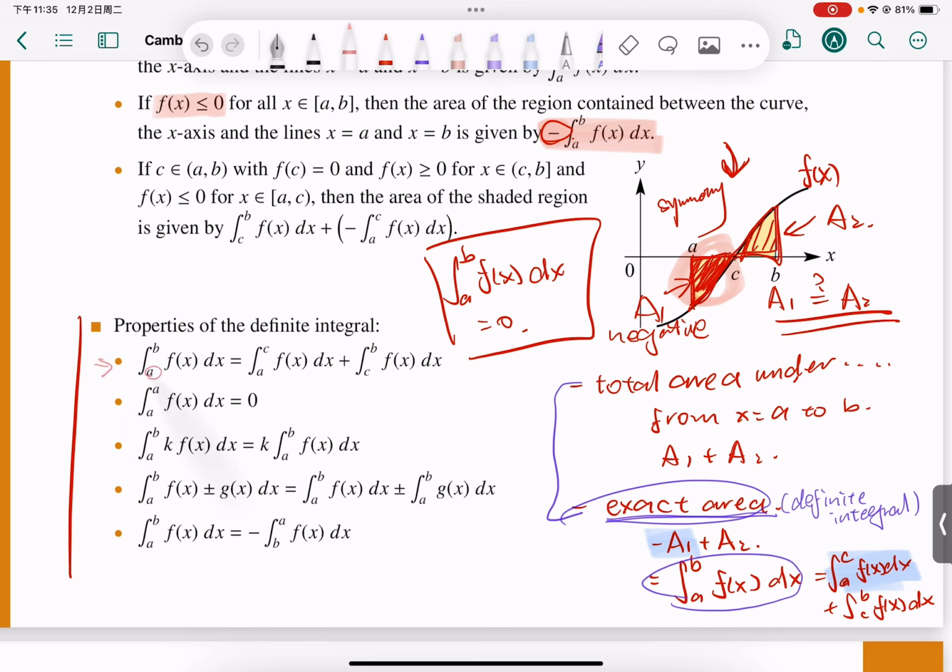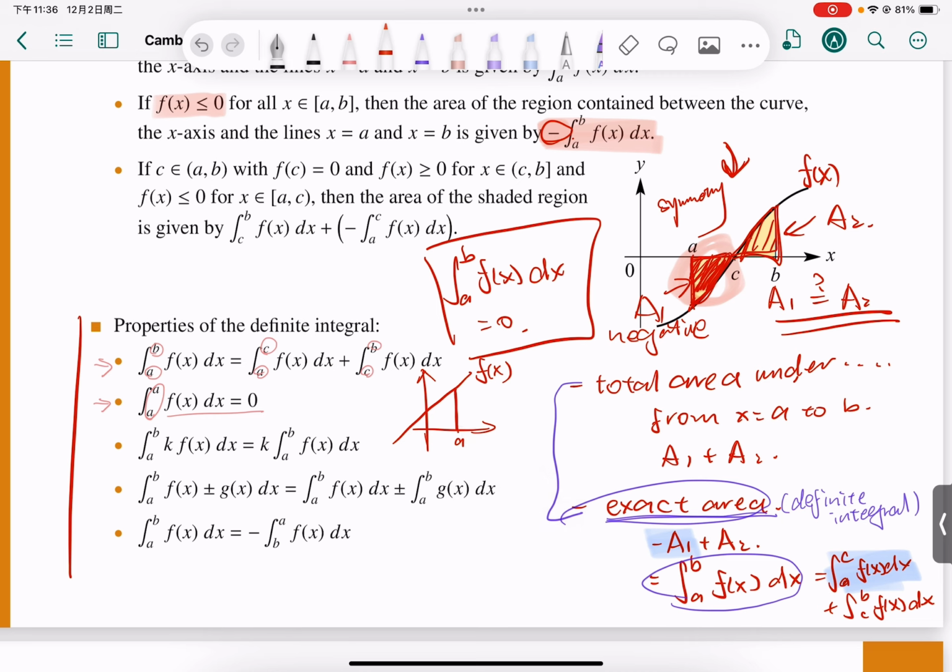If we have from A to B, then it's equal to from A to C and then from C to B. For this one, if the upper and lower bounds are equal, then the integral is equal to 0. If you think deeply about this, it can be explained with a graph. For example, we have f(x) like this, and we have A over here. The lower and upper bounds are at the same line. It's a line.